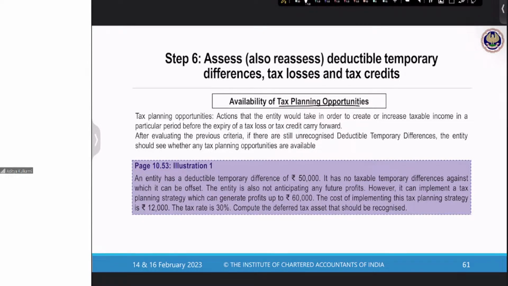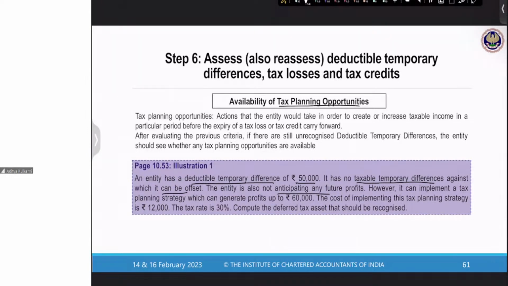An entity has a deductible temporary difference of rupees 50,000. It has no taxable differences against which it can be offset, and there is no future profit also.